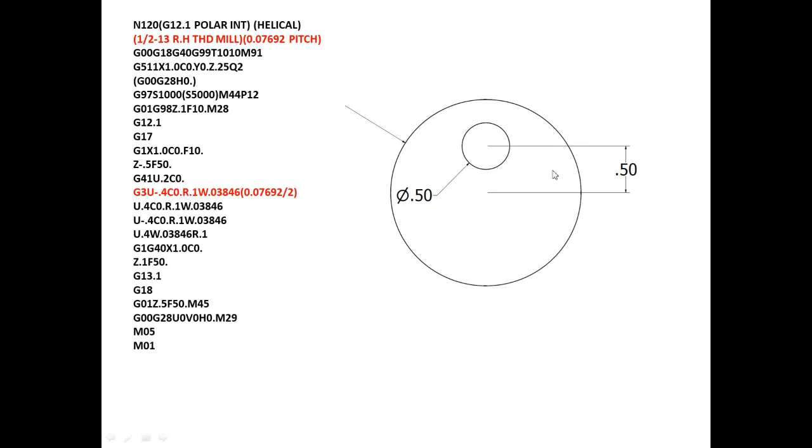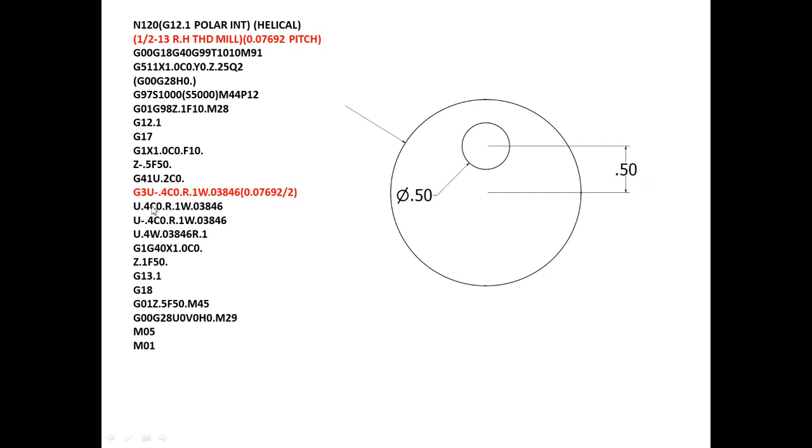Radius value is 100 thousandths, so it will go around a 180 degree circle. Now I need to move because it's a thread mill, whatever the pitch, half inch 13, your pitch is 0.07692 divided by 2 because I only moved a half circle here. That's what I have on the first G3 line.